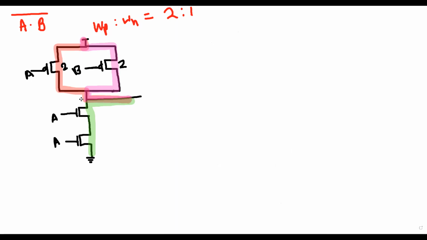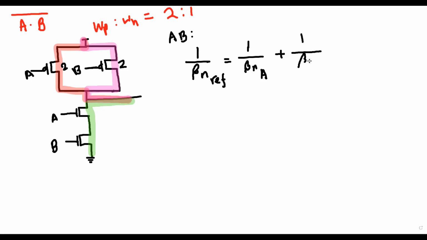You have A here and you have B. It will be beta N reference equal to 1 divided by beta NA plus, I told you if there is more than one, they will be added, beta NB.